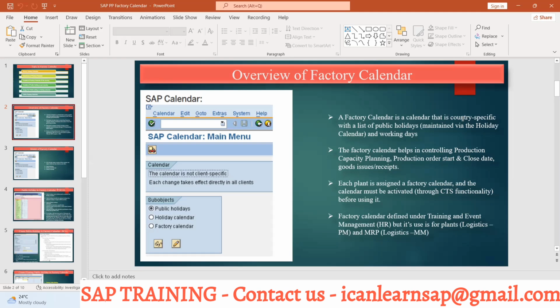Sometimes it is the plant and logistics, that is the PP module, or plant maintenance department, or MRP, which is done by our PP team, that is production planning. So either a PP module, PM module, or HR module person, or a consultant is supposed to create or change the factory calendar. It depends on the company.